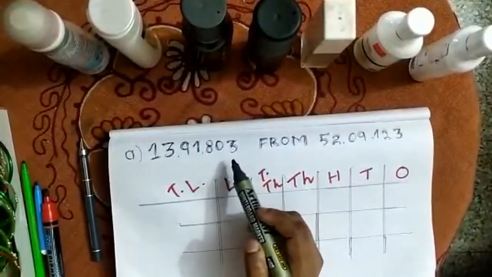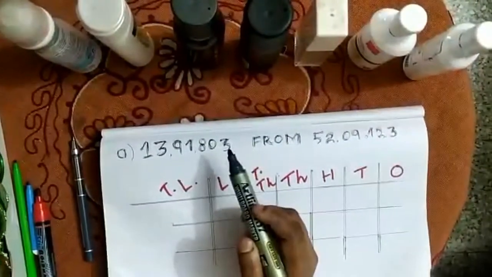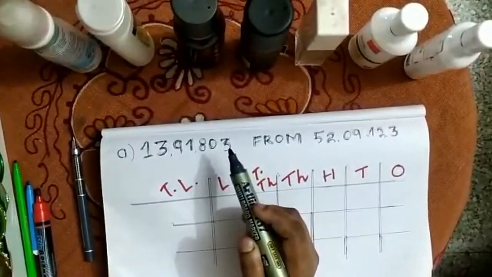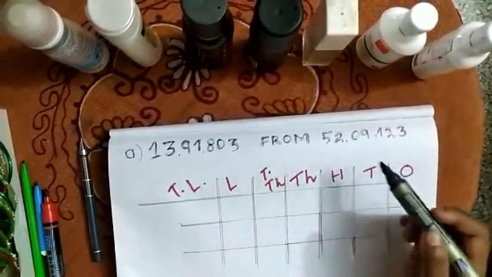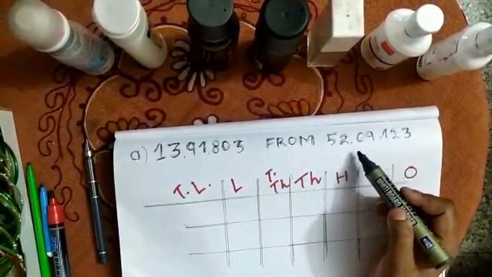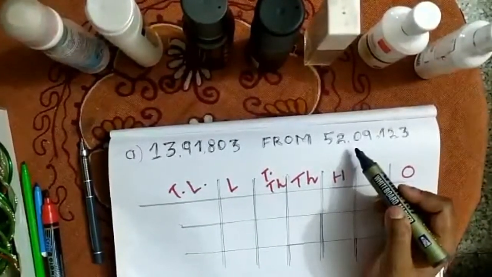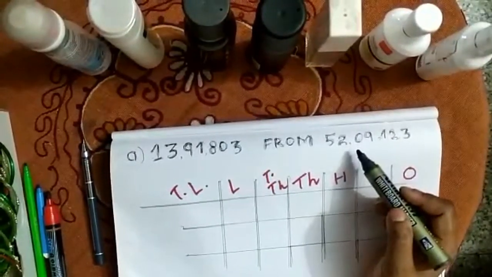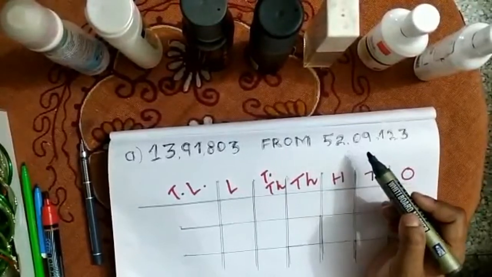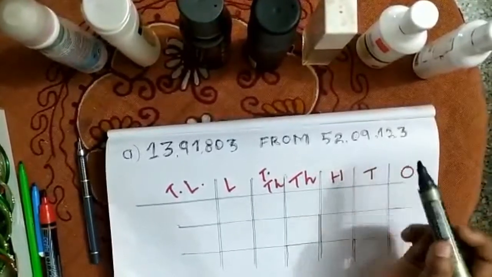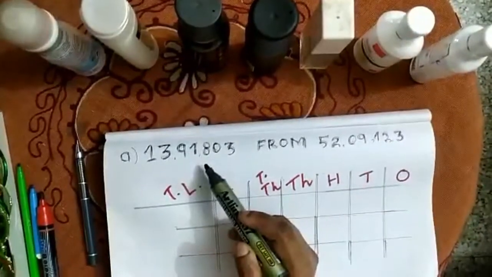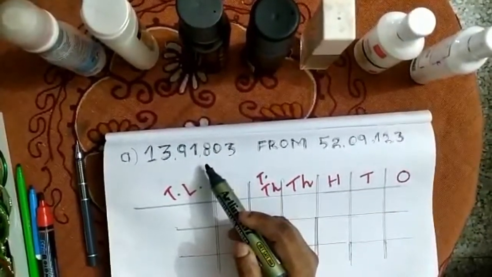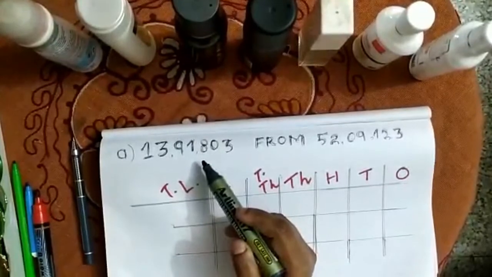Let's see. In the subtraction, there are always 3 factors. First factor is minuend, the number from which we do the subtraction. It is the greatest number. And the second one is subtrahend, the number which is to be subtracted from minuend.